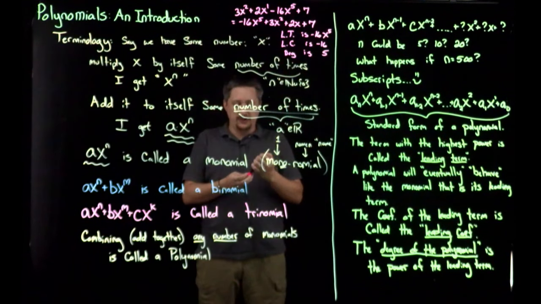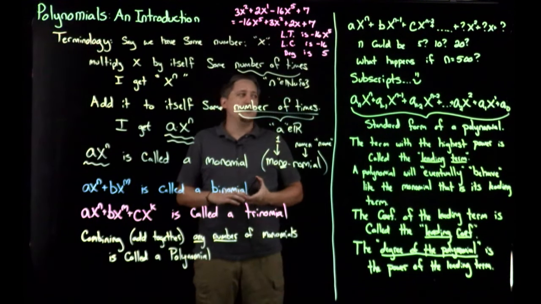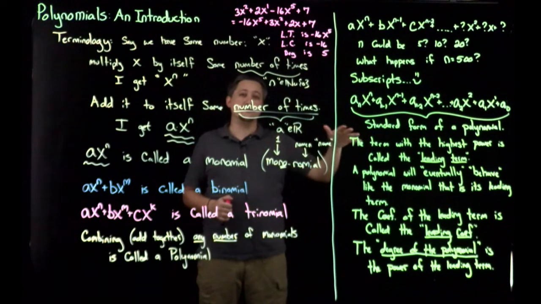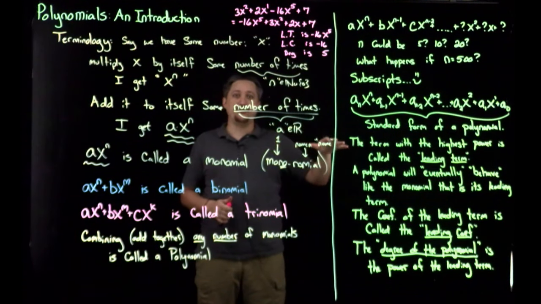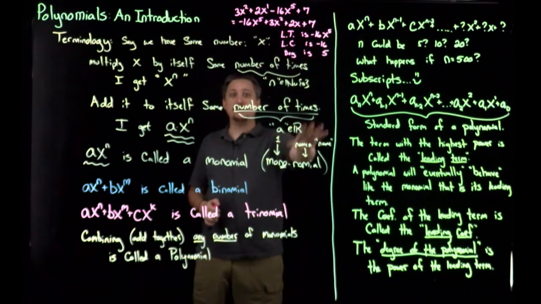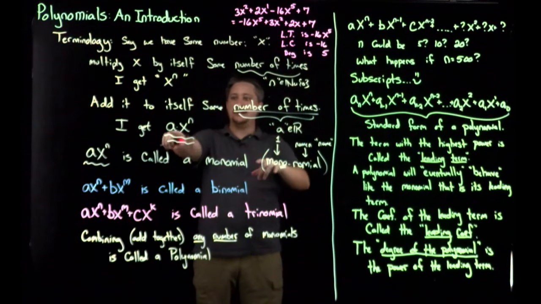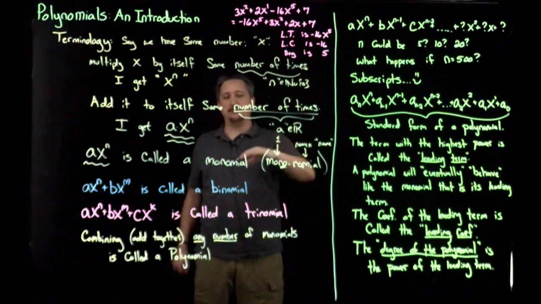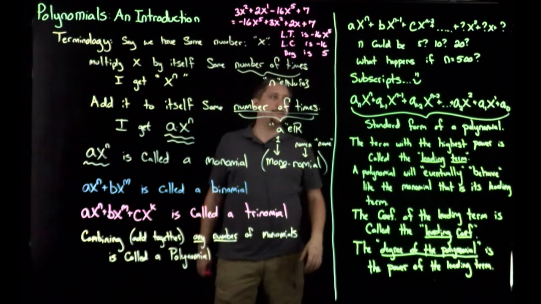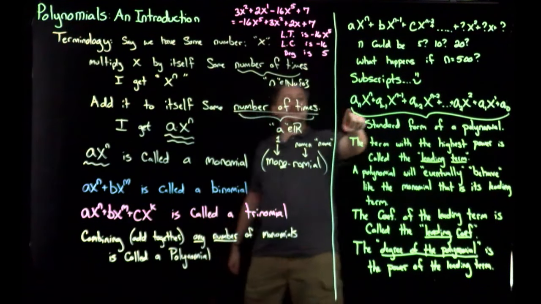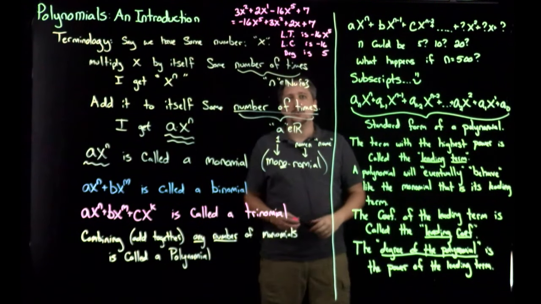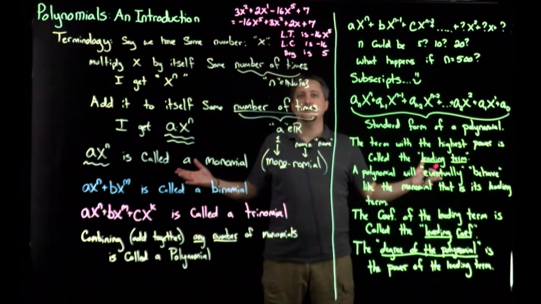More often than not, we would have non-zero coefficients there. And whether it can be 0 or not is a recurring theme in certain definitions, so be aware of whether or not your leading coefficient can be 0. Here it can be, other places it won't be, okay? We have this subscript method, and then we have our terminology. Okay, so that is that.